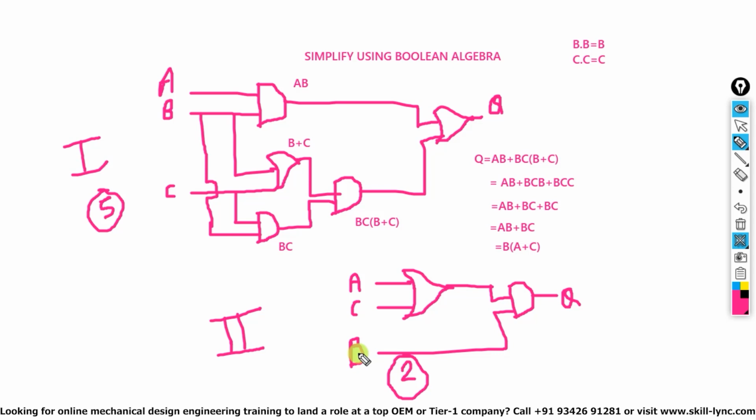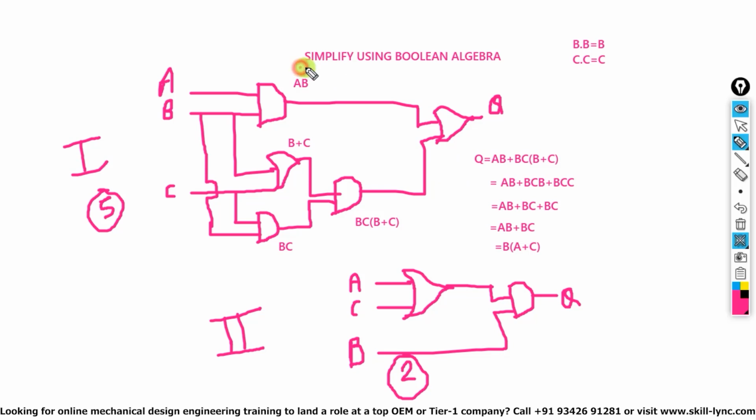There will be less delay time, from input signal transition to output signal transition. It will be fast in speed, there will be less power consumption, so less cost, and it will have greater reliability.